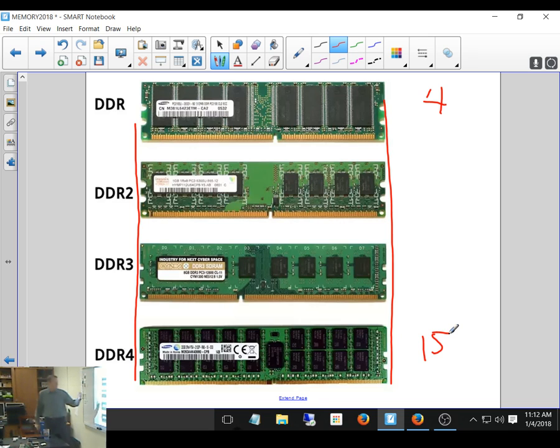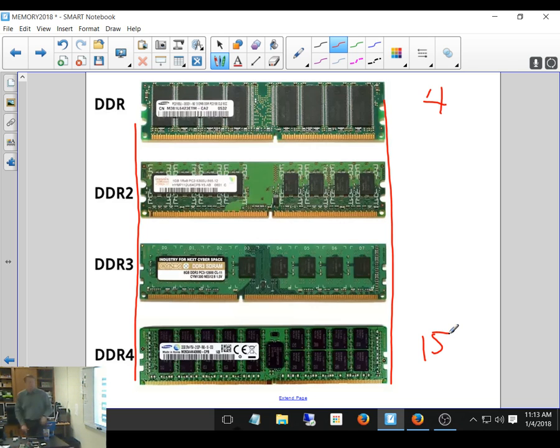No, it's because this is going crazy faster, right? This is going to 4,000 megahertz versus 400. So even though it only took 4 trips at 400 versus 15 trips at 4,000, this one's still way faster. Okay, so it's not a direct number.